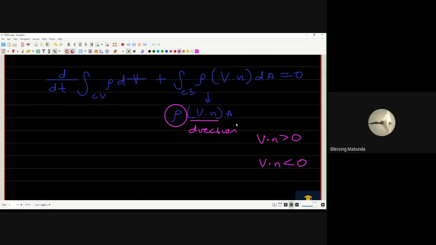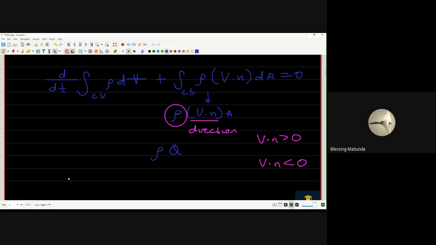You can refer back to the video for the in-depth explanation. So this is nothing more than direction. That means that what we're looking at is rho Q, volumetric flow, which is made up of V multiplied by A, while the Q here takes into account the direction due to V dotted with n.